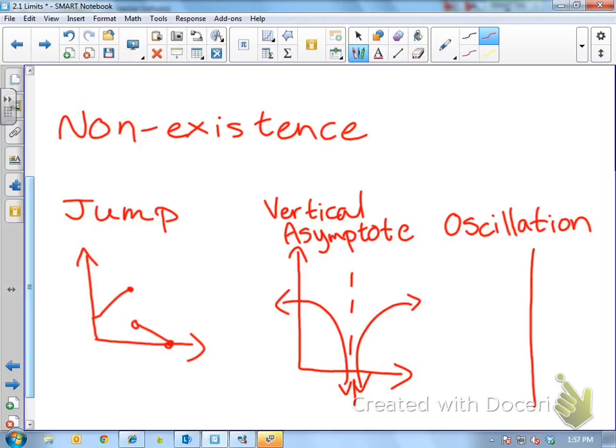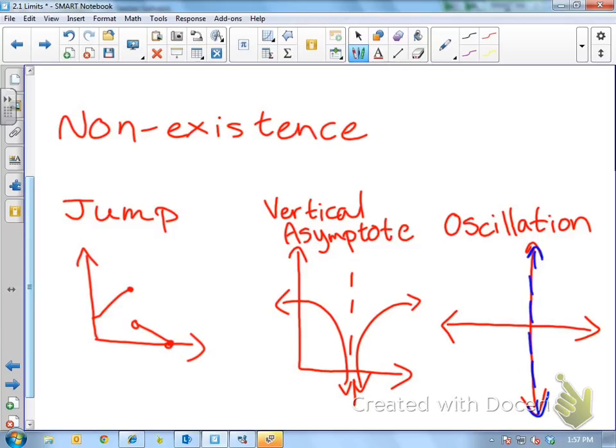And this one's kind of hard to draw and still get the full concept of it. It's like we have, and usually it happens at 0, a line we can't cross again. It's like we have a vertical asymptote, but it's not going to follow the same properties we know about vertical asymptotes, but we can't cross this blue line.